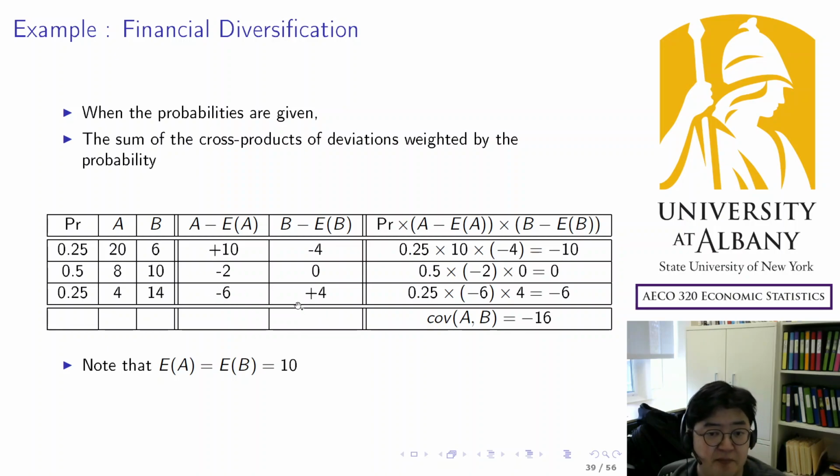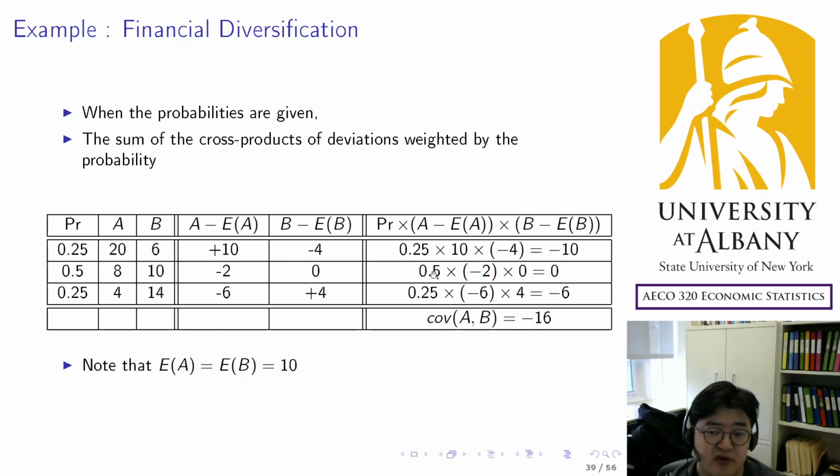And at the same time, we will weight. So before calculating the average of these products, we also weight them by the probability. So in the end, we multiply probability and deviations, right? 0.25 probability times deviation A, deviation B.